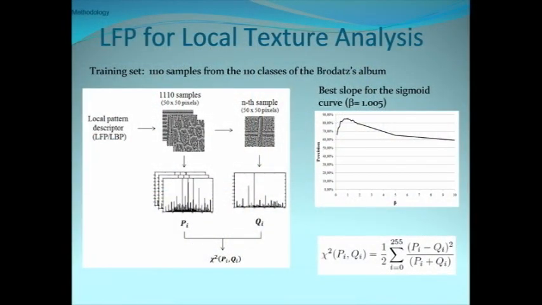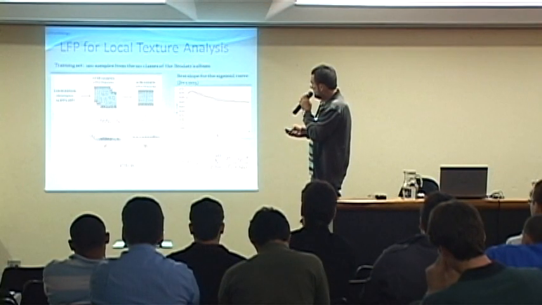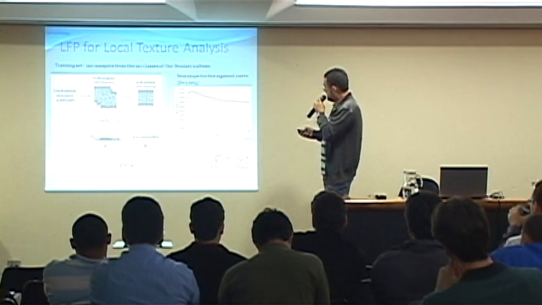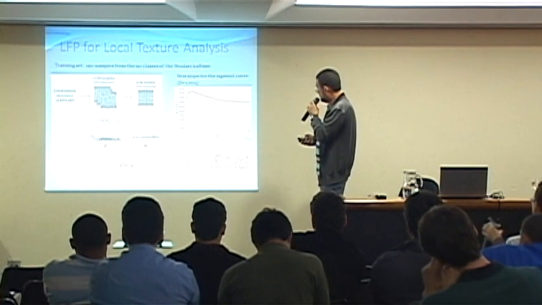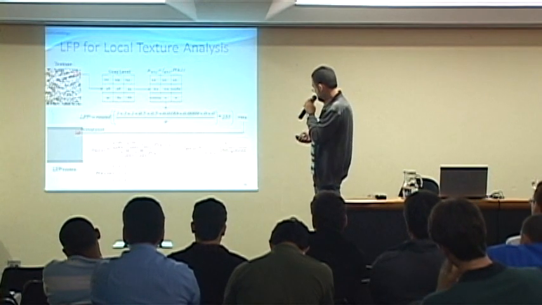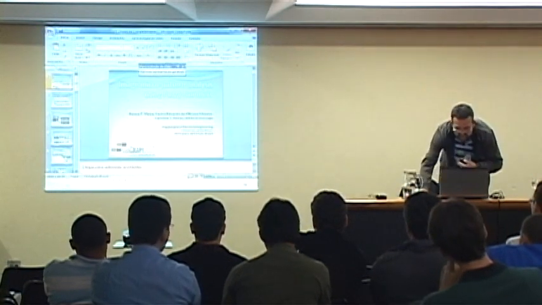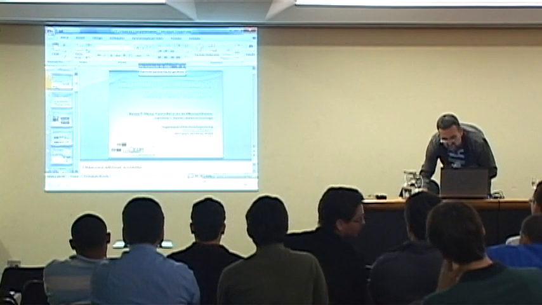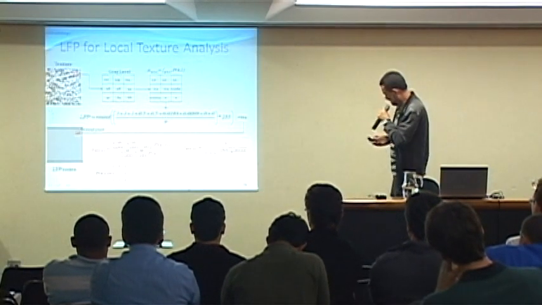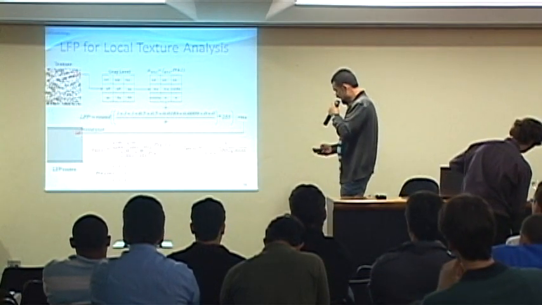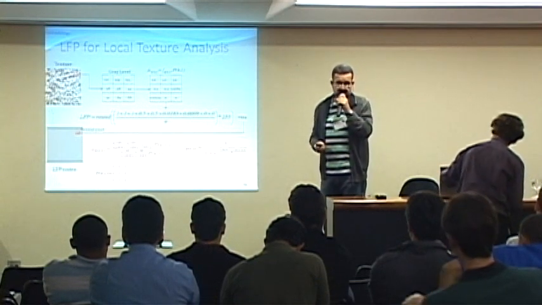So, taking the Brodatz album and 1,110 samples, 50 by 50 pixels, we calculate the best slope for the beta from the sigmoid. The value of beta is the slope of the sigmoid function.